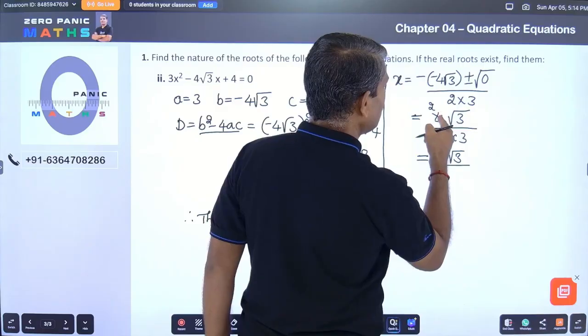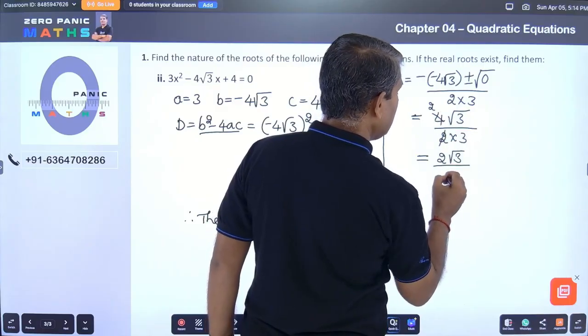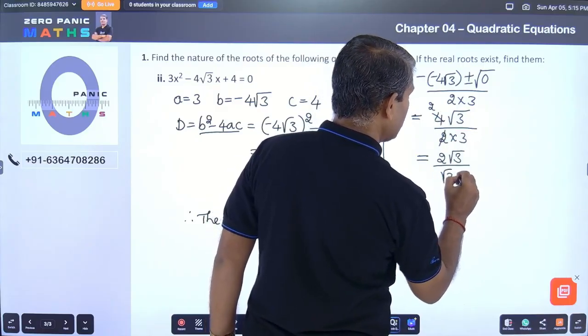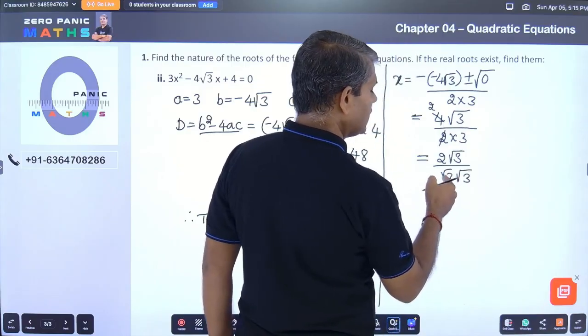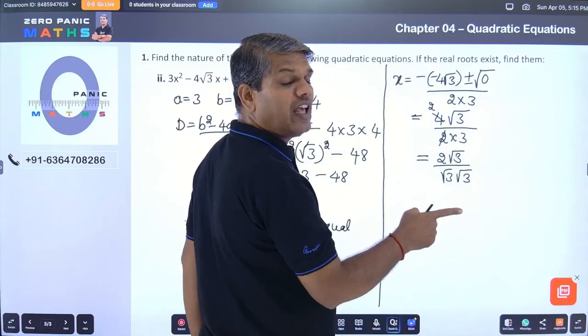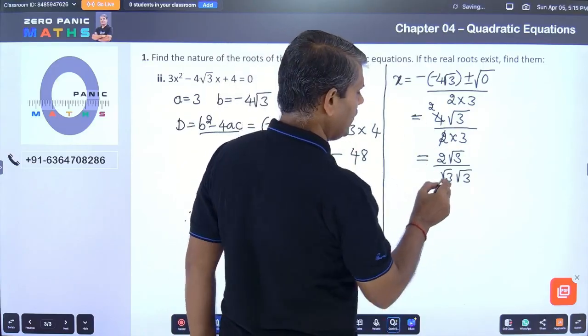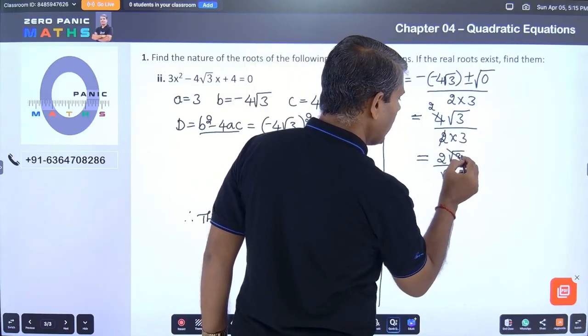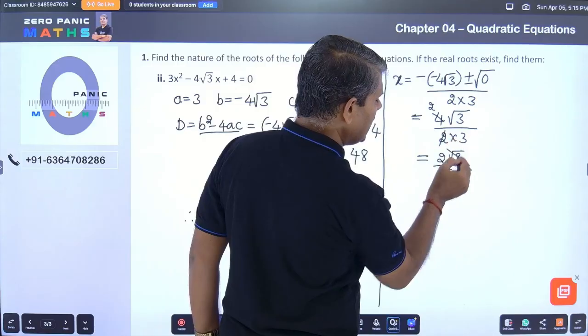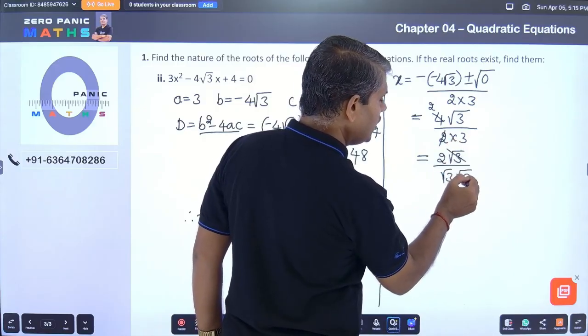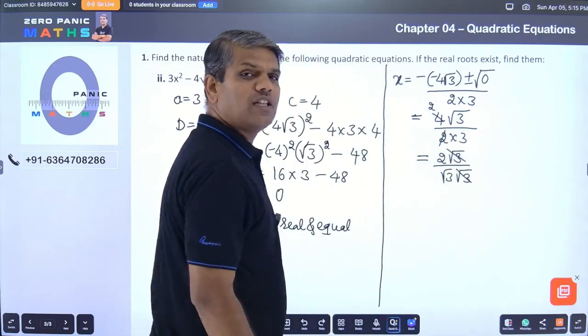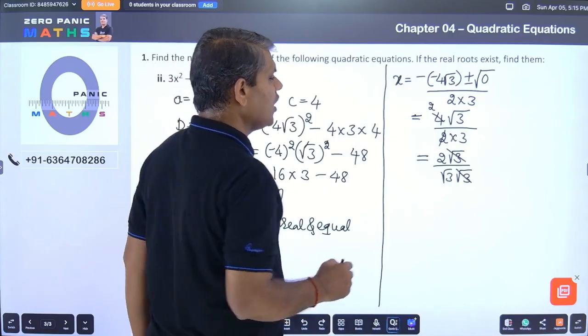I'll write 2 root 3, and 3 I will write as square root of 3 and square root of 3. It is square root of 3 square, where square and roots will get cancelled and only 3 will remain. So why did I write 3 as 3 into square root of 3 into square root of 3? Because I want to cancel that square root of 3 from the numerator.